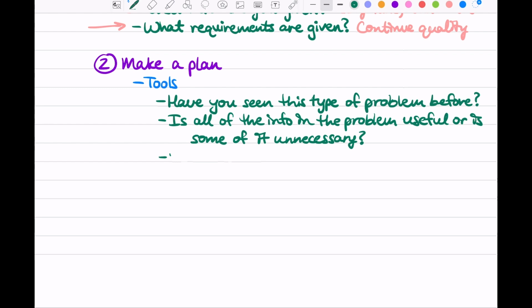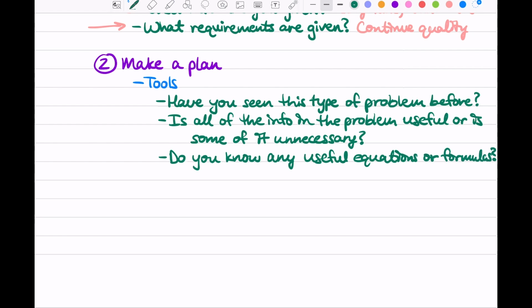Another tool in your toolbox, you can ask yourself, do you know any useful equations or formulas? In Algebra 1, you'll be working with equations quite a bit, and oftentimes there's going to be a useful equation that can help you in the word problem.